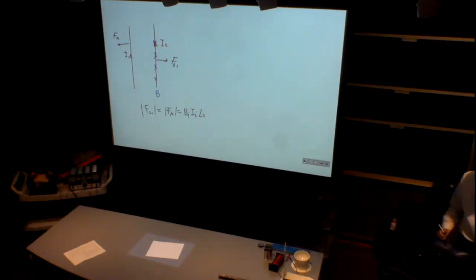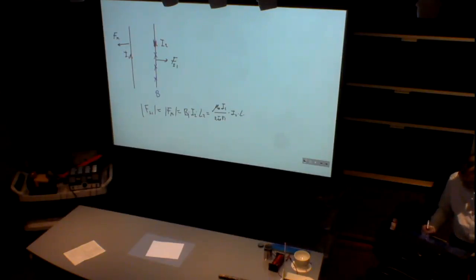And how do we calculate magnetic field strength? Well, that's the magnetic field strength of a straight wire times I2 times L2. What is R1?